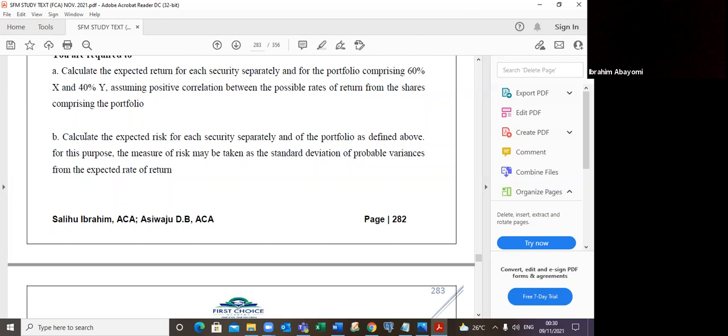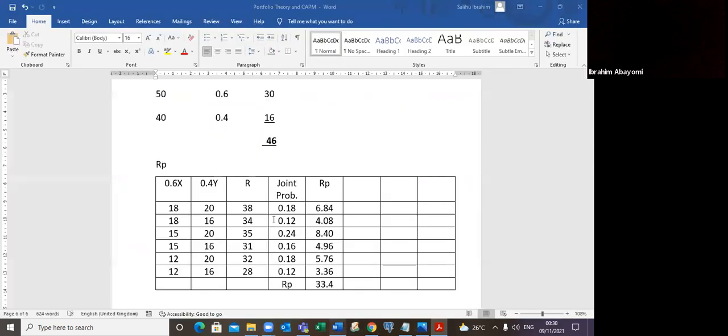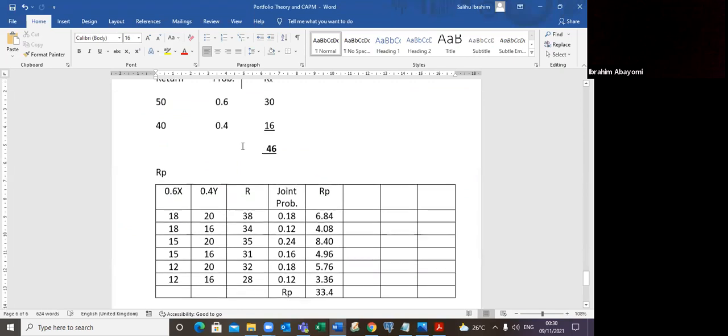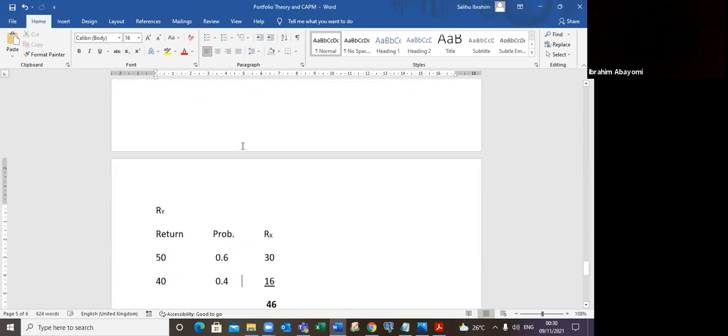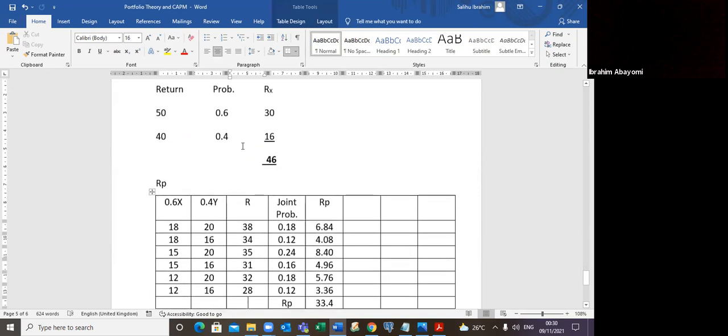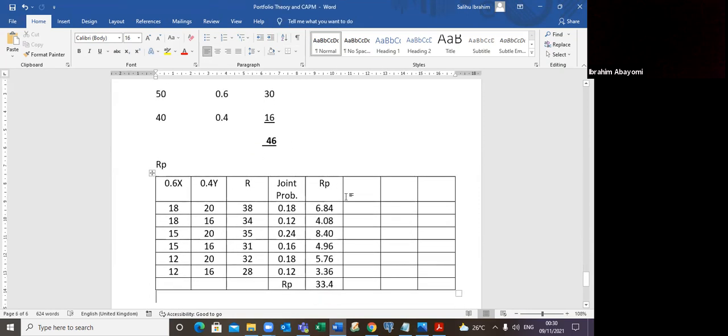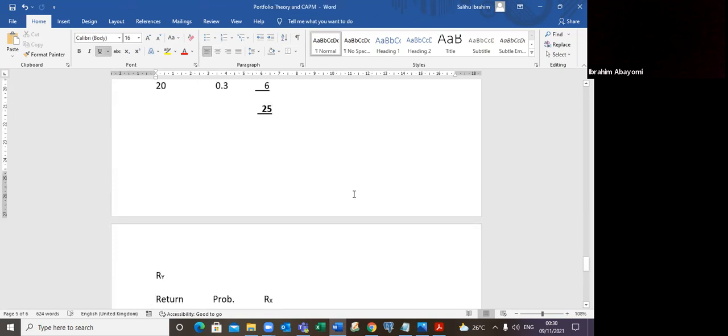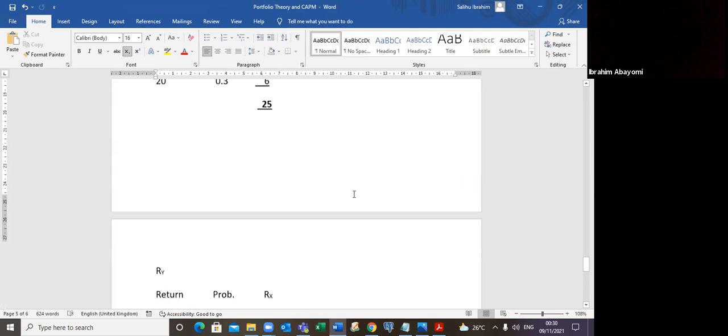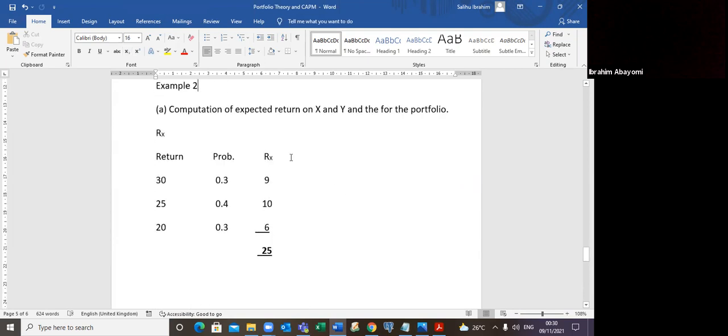So anytime they ask you to compute risk of portfolio or risk of investment, you are using standard deviation when you are dealing with portfolio theory. So we are going to compute the standard deviation of each of the securities and the standard deviation of the portfolio.